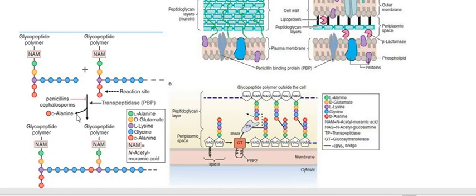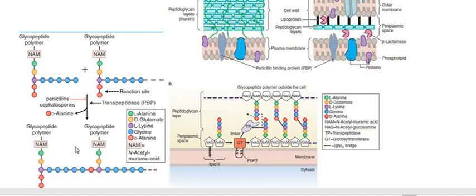Not only that, the bacteria also produce an enzyme called autolysine. This enzyme acts on the cell wall and helps to lyse it.